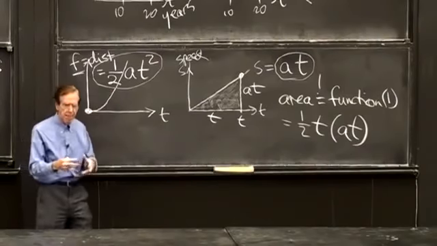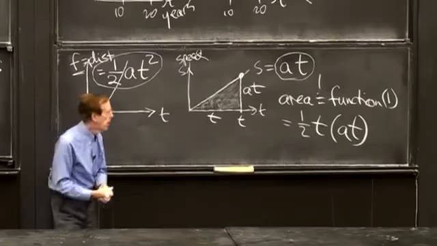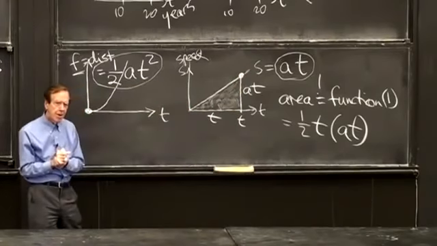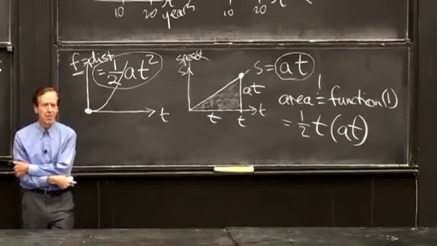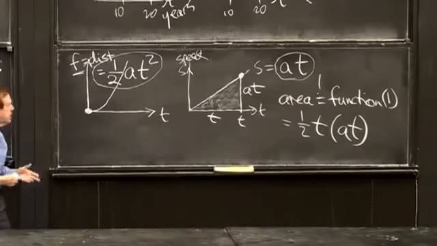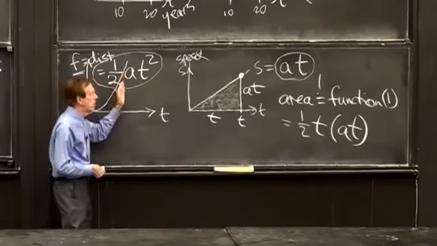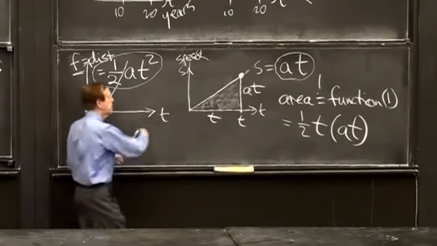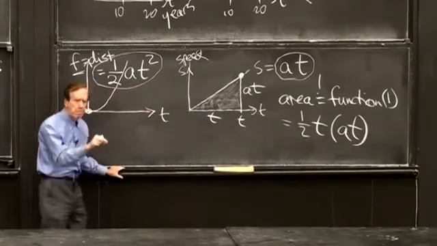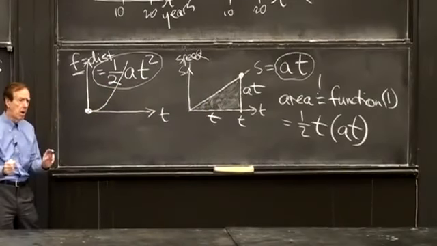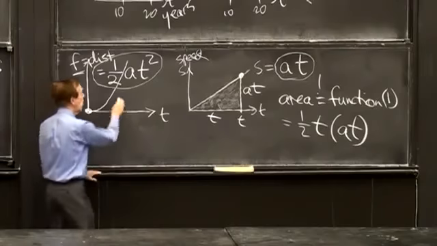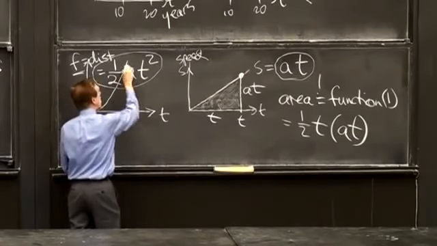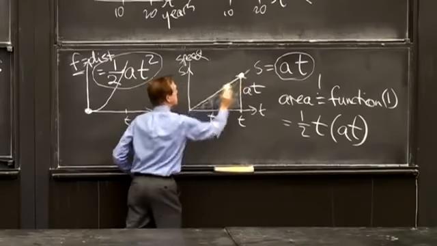The distance is a running total, where the speed at that moment is an instant thing. We'll come to that in future lectures: the difference between a running total of distance covered and a speed that tells me, at an instant, how distance is changing. The slope at this very point t, that slope is this height, at.